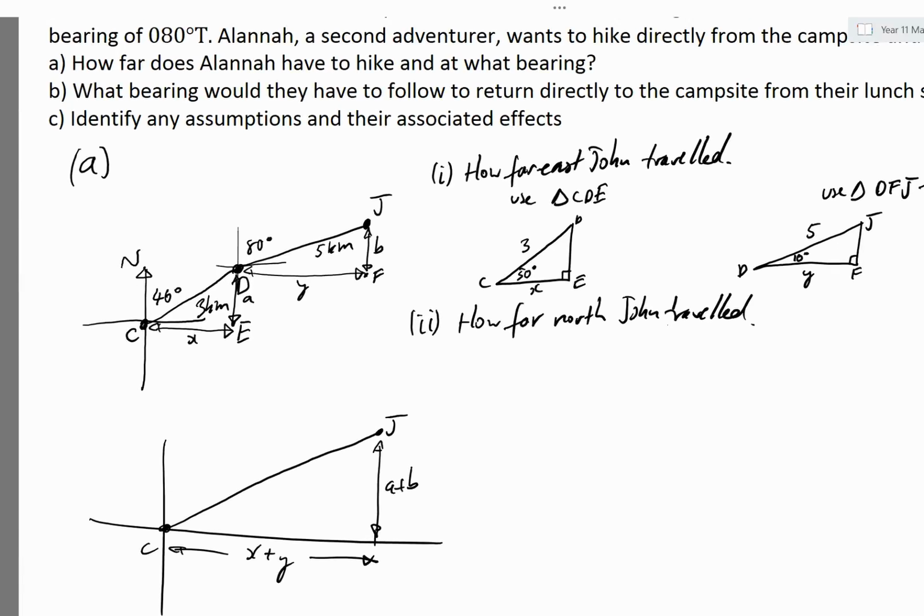In both cases, going to be using cosine, because we've got adjacent and hypotenuse. So write the rule, cos theta, adjacent over hypotenuse, cos 50, x on 3, x equals 3 cos 50, and over here will be the same thing, cos 10. Don't be lazy, always write the rule.